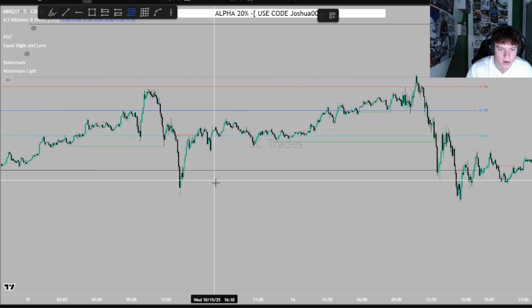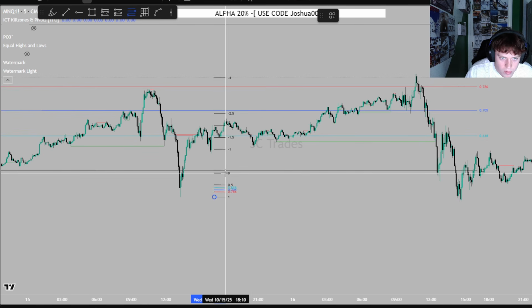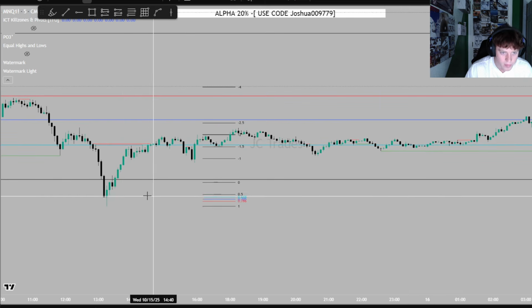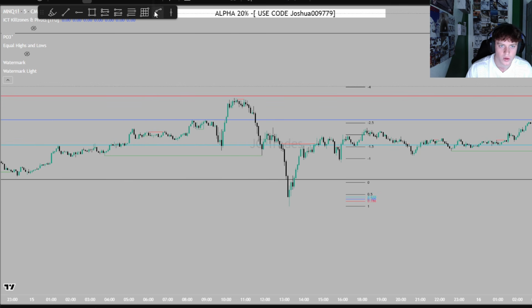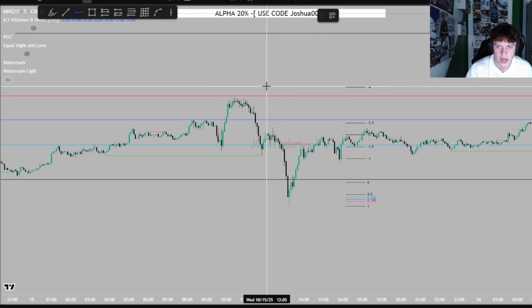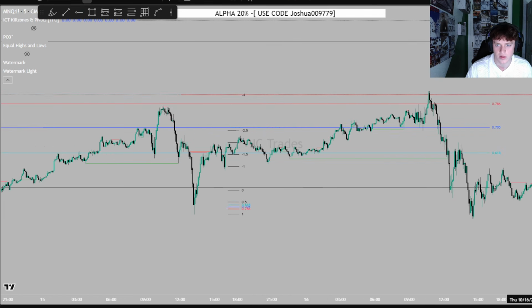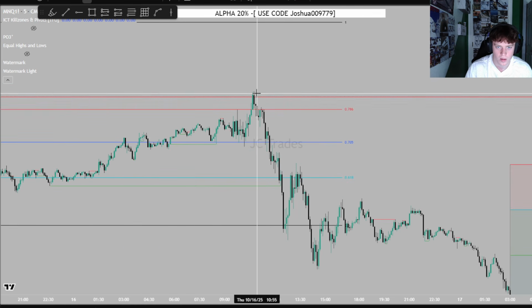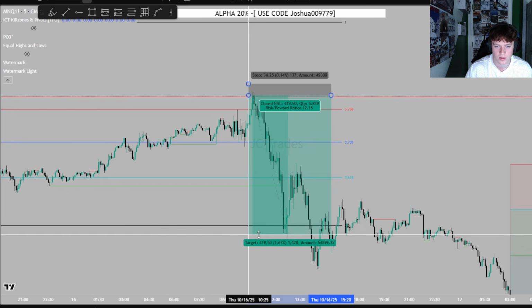If we measure out this move right here from this bottom to this top, which is what I just measured, we already know that it is lining up with our 0.786 level. So we find -4, draw our line, and boom. Wow. That one right there is perfect.